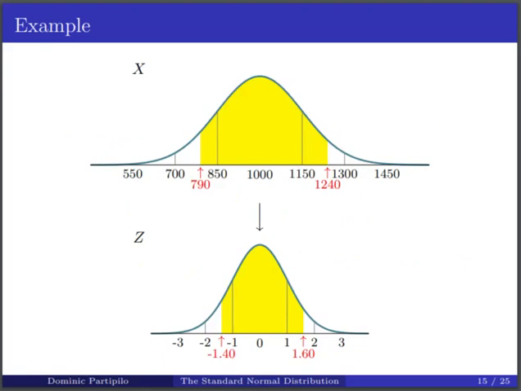When we look at what's going on here, what we're interested in is getting the area of this yellow region in the middle. This is where 790 is, and this is where 1240 is. We determined that they were respectively -1.4 and 1.6 standard deviations away from the mean.